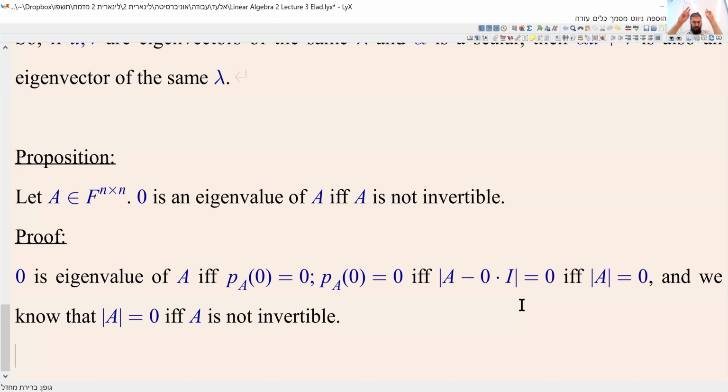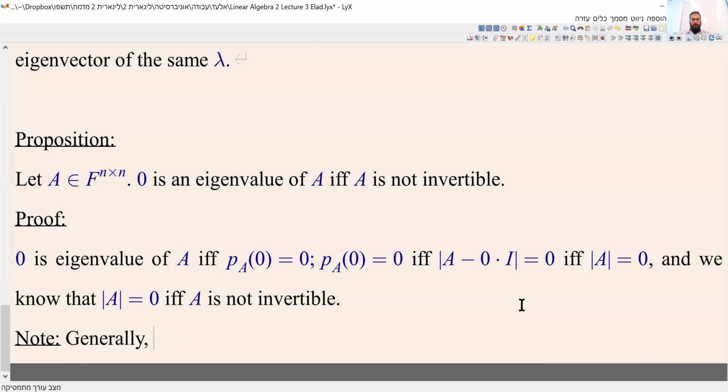I want to add something from the near future of the course, but let's write it down here. Note, generally, the determinant of A is the multiplication of the eigenvalues.